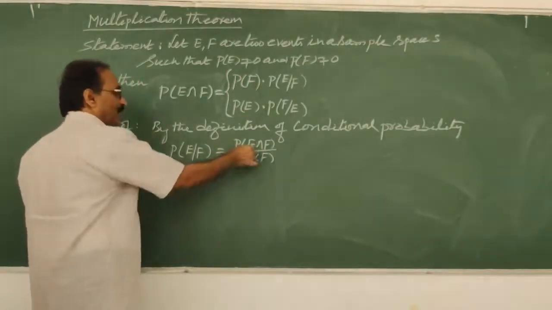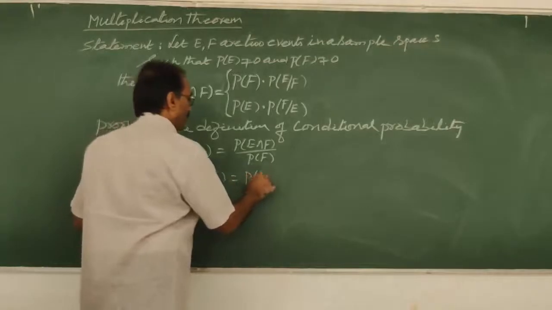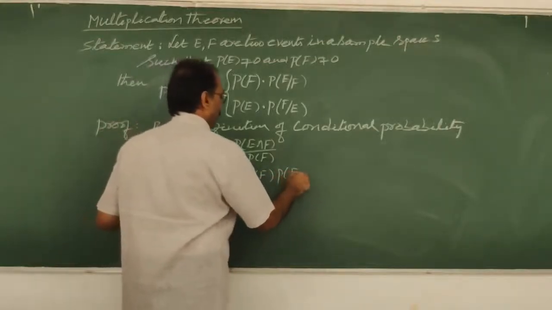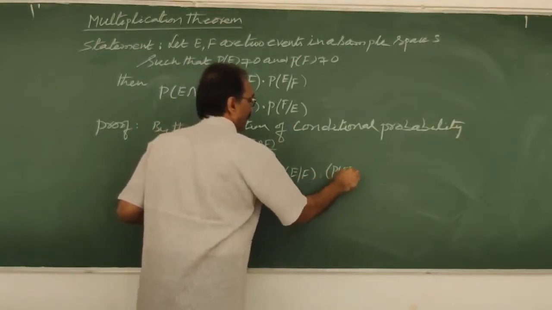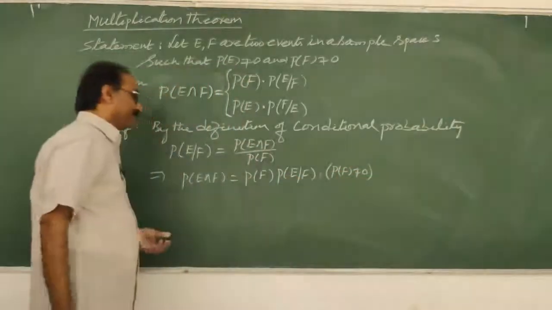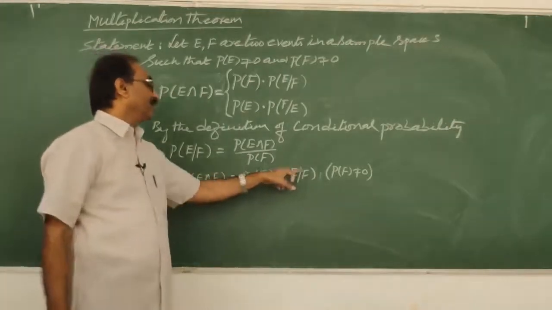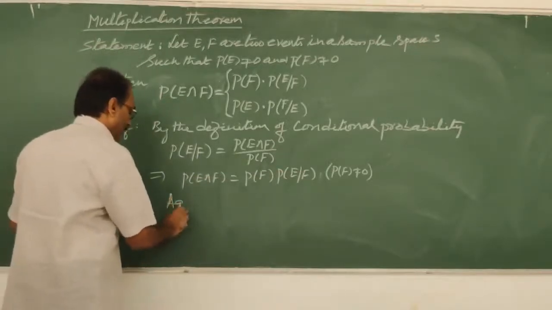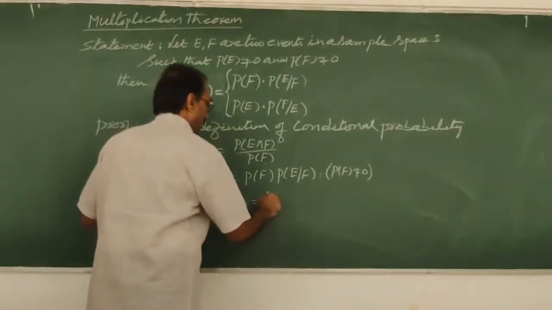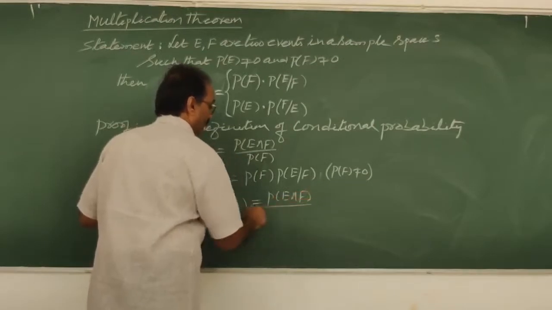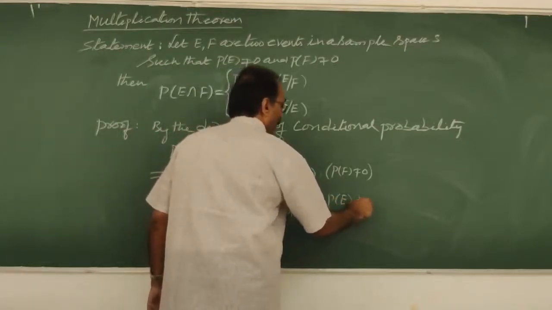This implies, now you cross multiply it. P of E intersection F is equal to P of F into P of E given F, where P of F cannot be equal to 0 because it is in the denominator. Again, P of F given E is nothing but P of E intersection F by P of E, and here also P of E is not equal to 0.